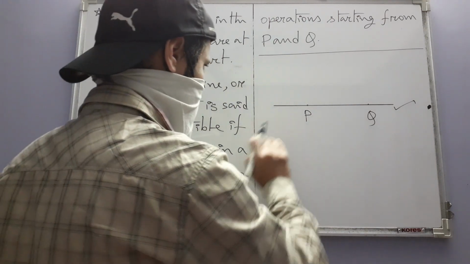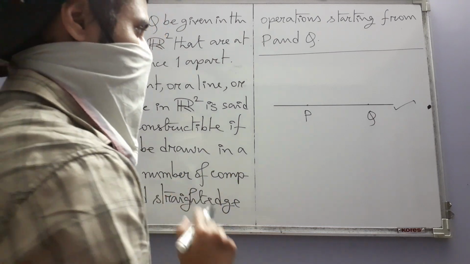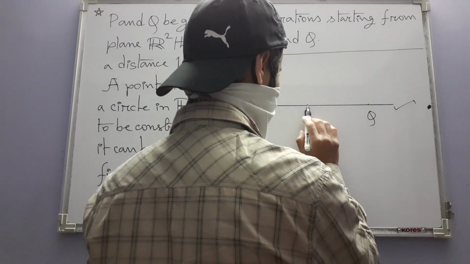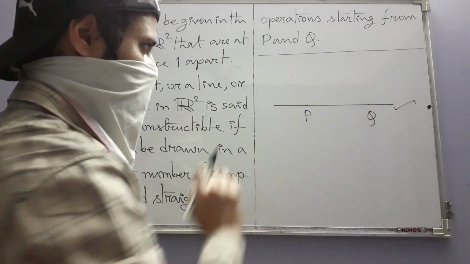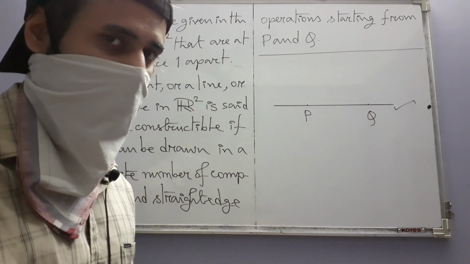And then, what else can you do after this? You can take this distance between P and Q as your compass radius, and you can draw a circle anywhere in the plane.